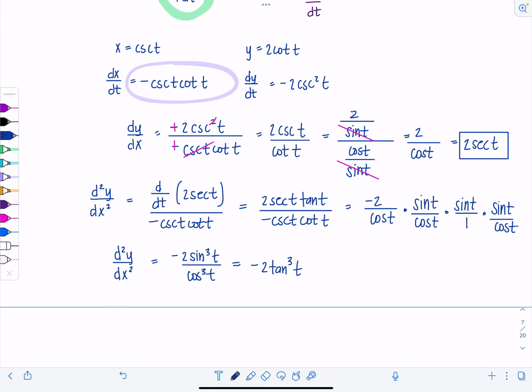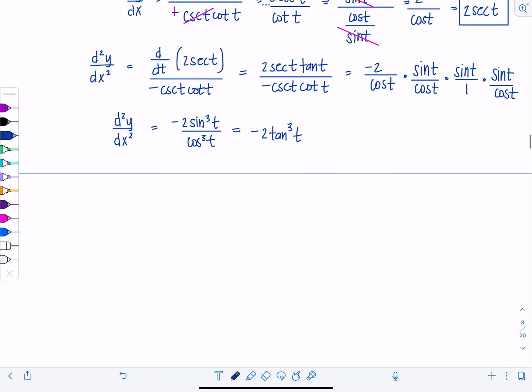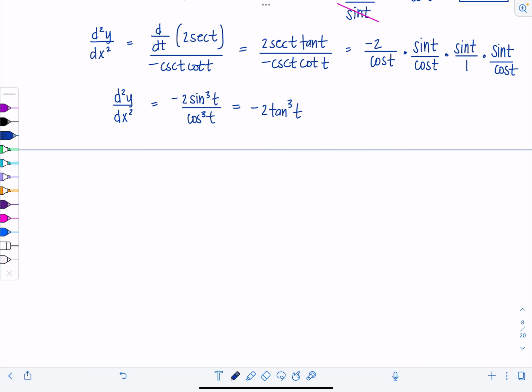And then now let's evaluate it at t equals pi over 3. So that's negative 2 times, what's tangent at pi over 3? I still think of sines and cosines. At pi over 3, sine is rad 3 over 2, cosine is a half.